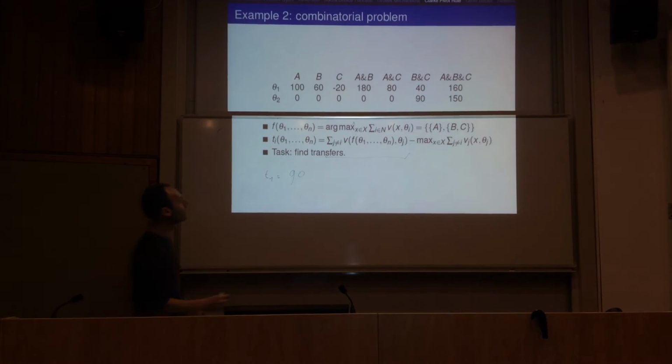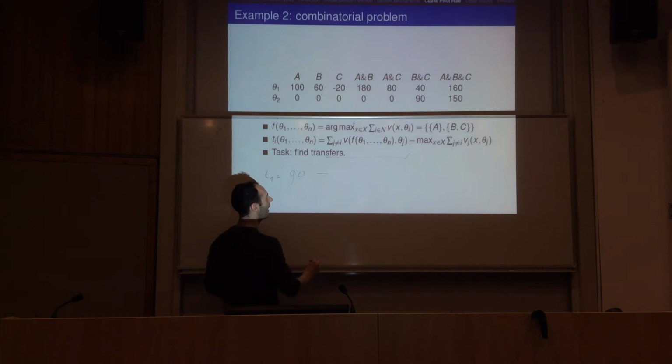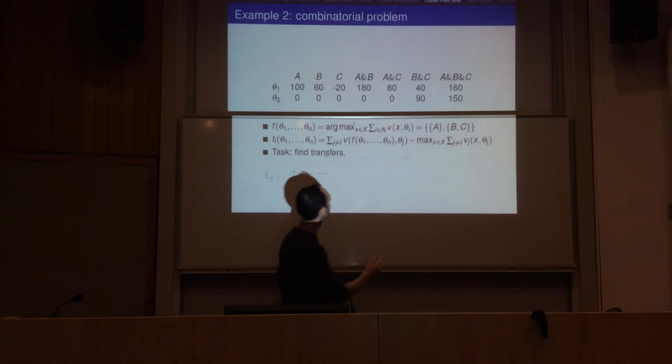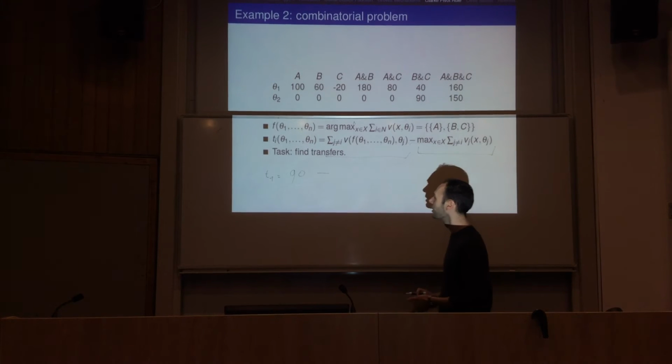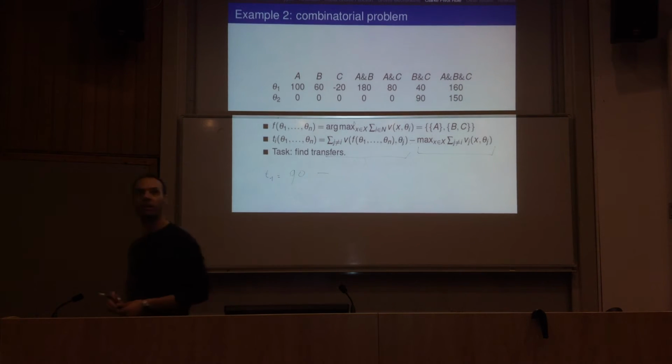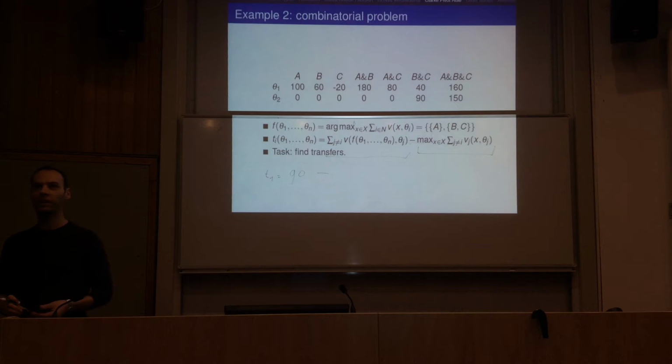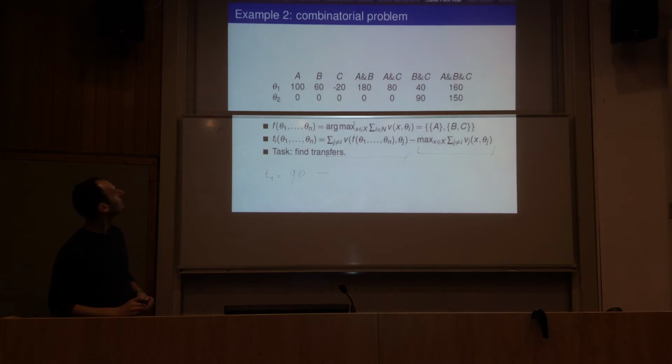Now we have the h part, this is the h_i. How much is that? 150? Everyone agrees? How did you get to that? Ignore agent 1, see the maximum utility value. Okay, so you take agent 1 out of the market, you pretend he's not there, you recompute the social welfare.